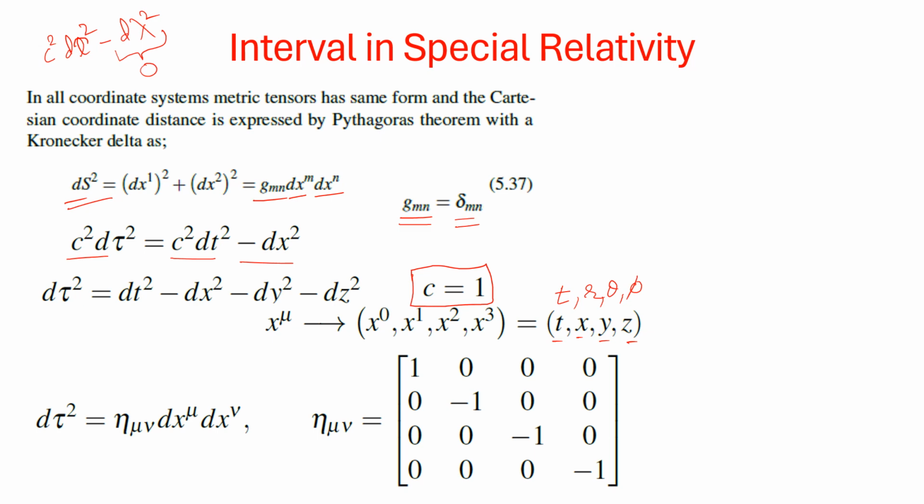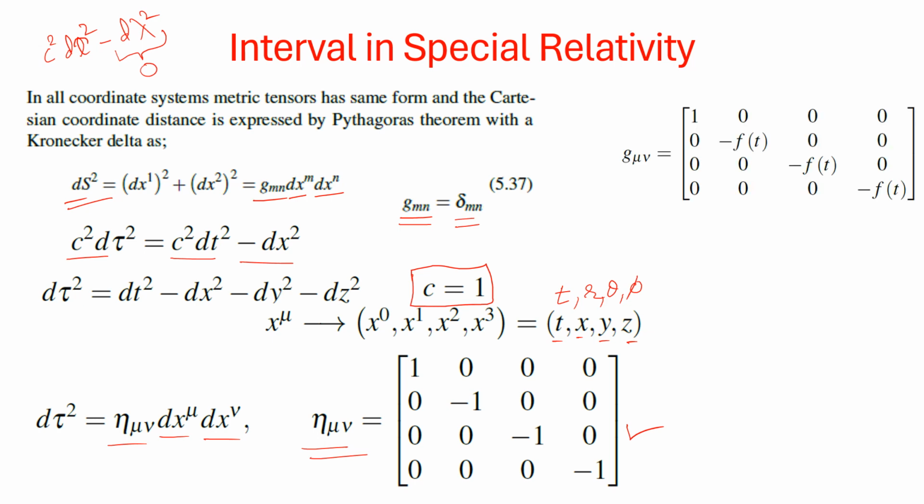So d tau square can be represented by eta mu nu dx mu dx nu, where eta mu nu is represented by this matrix, and the general interval, the general metric tensor, can be represented by g mu nu having unity at the first diagonal element and minus of a function of time, that represents the expanding universe.